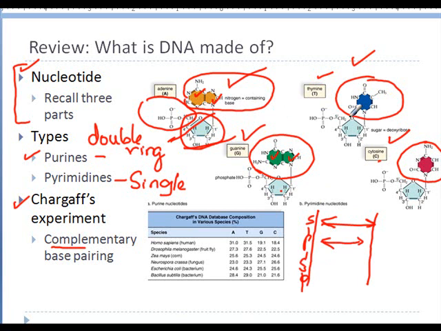So in order for the steps to be of uniform width, a purine had to pair up with a pyrimidine. Does that make sense to you? A double ring with a single ring? Because if I have 2 double rings, then the width would be wide, and then narrow, and then wide, and so forth. And that did not make sense.